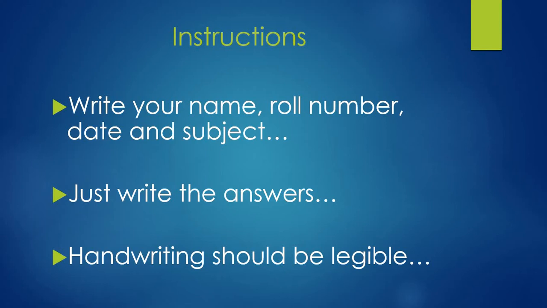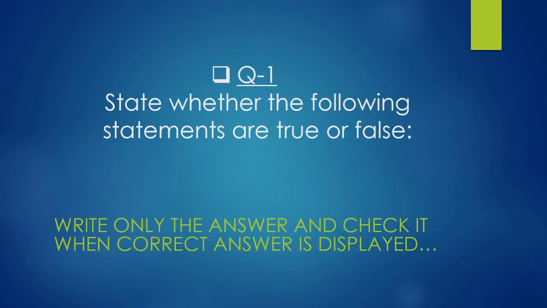Okay, so now let us start with the test. Be very serious. After each question I will display the answer. I repeat, after each question I am going to display the answer. So after each question I will give you 2 seconds. In that time you have to write the answer, and then you have to check your answer.